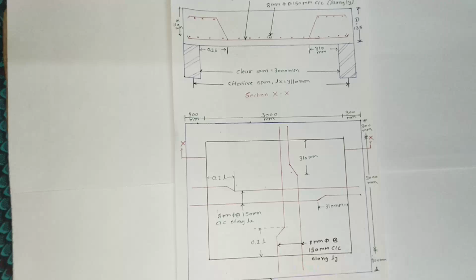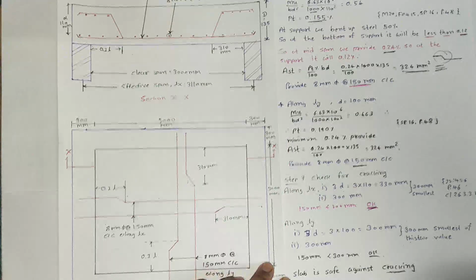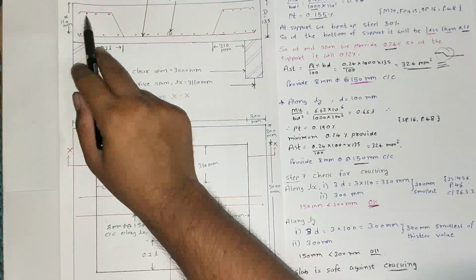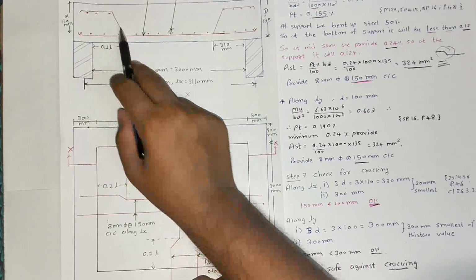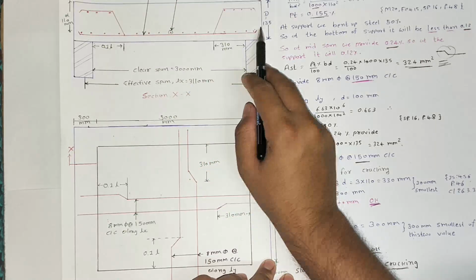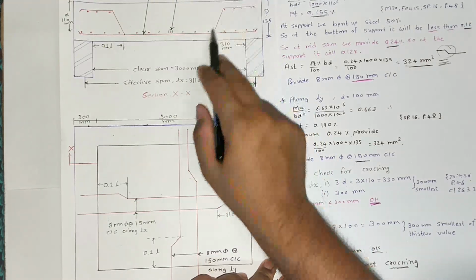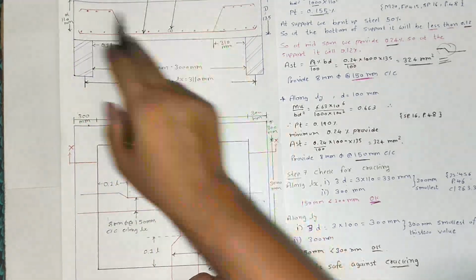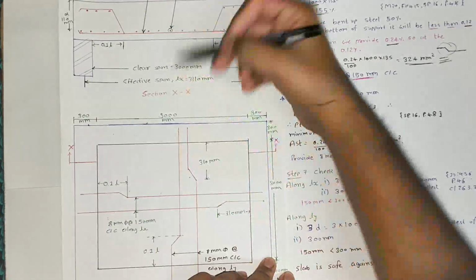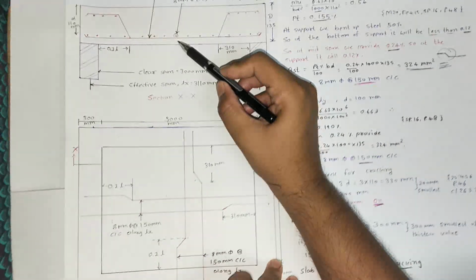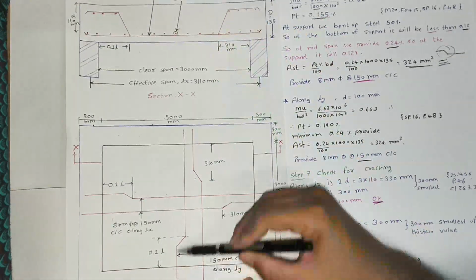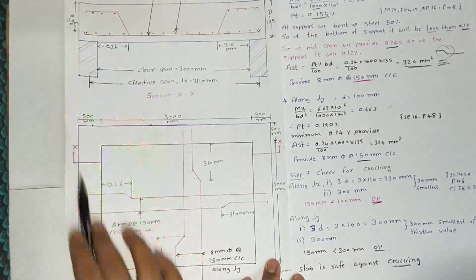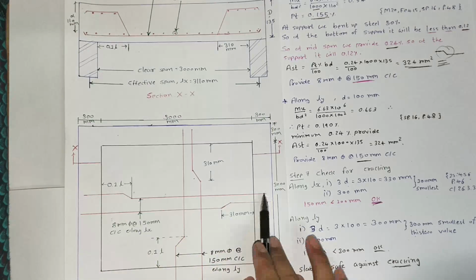This is the reinforcement details. This steel starts from this portion and goes like this, and this one starts from this point and goes like this. This is x direction steel, and this is the y direction steel. You can see this steel like this, and this steel starts from here and continues till here.